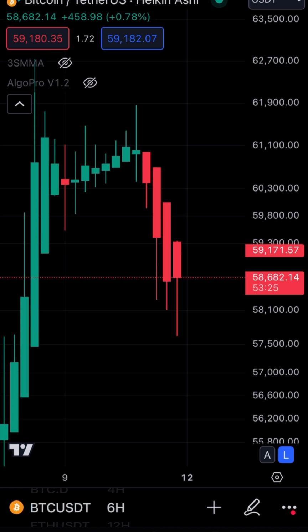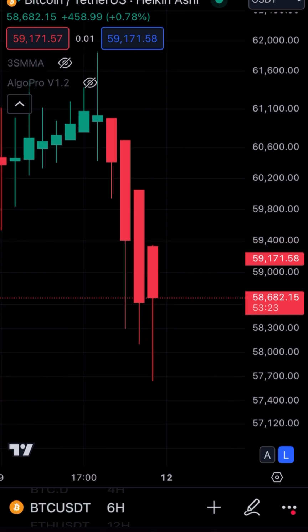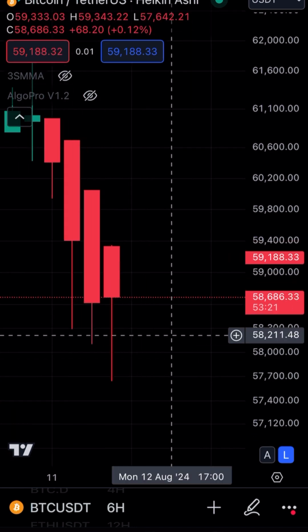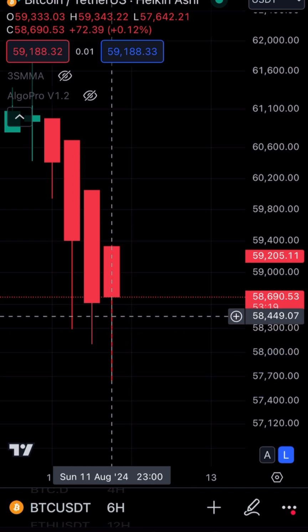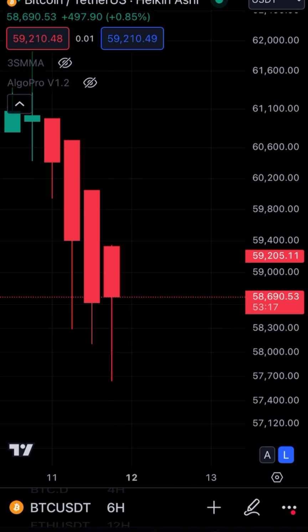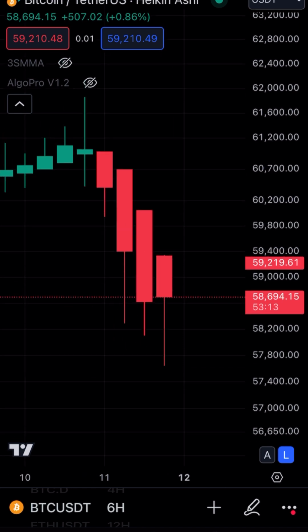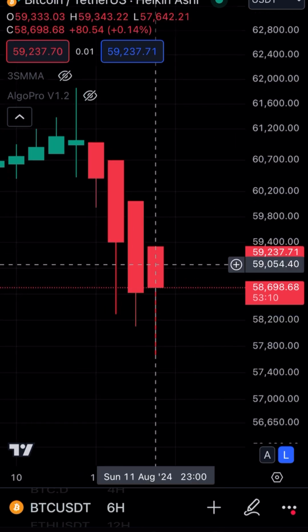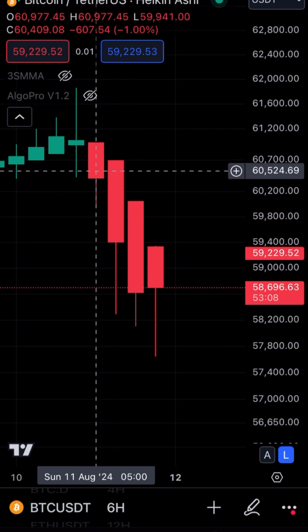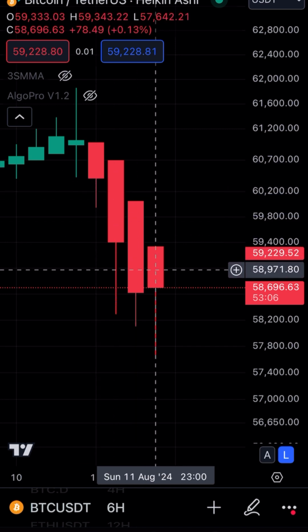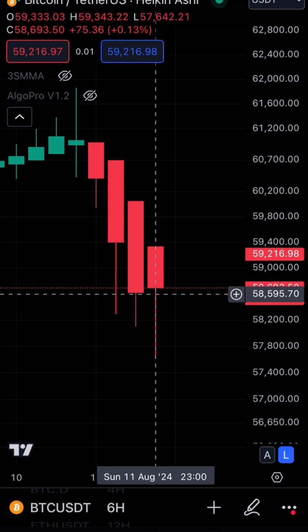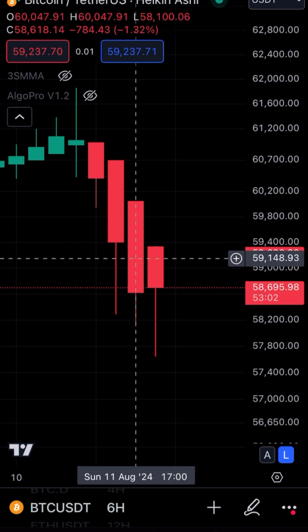If you zoom in real close, you can actually see that. That's what these wicks do. More of the wick on the bottom represents it trying to pull and go back up. So just by looking at it, we can see that it's been going down for 18 hours, and it is just now starting to try to go back up.